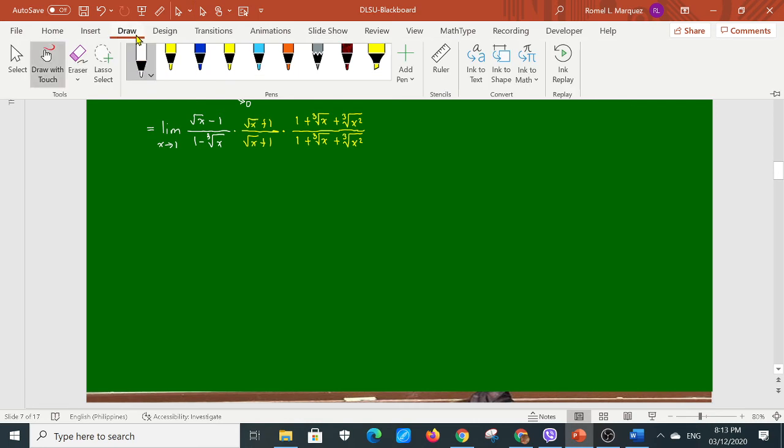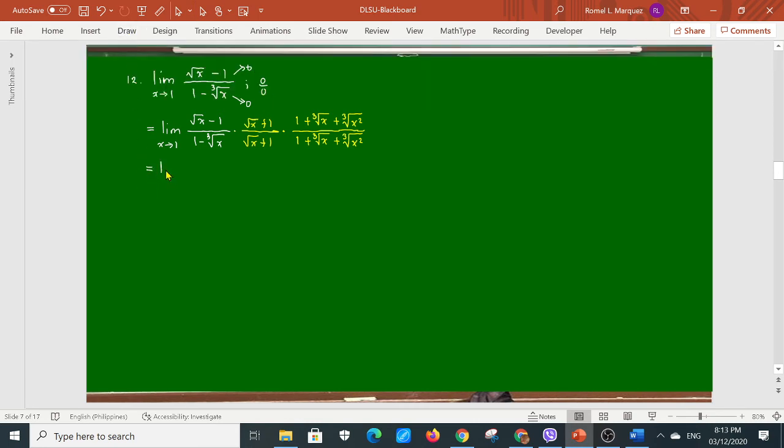Okay, guys? That is equal to the limit as x approaches 1. What about this? What is the product of square root of x minus 1 and square root of x plus 1? What's the product of that, children? It is x minus 1 times this radical.